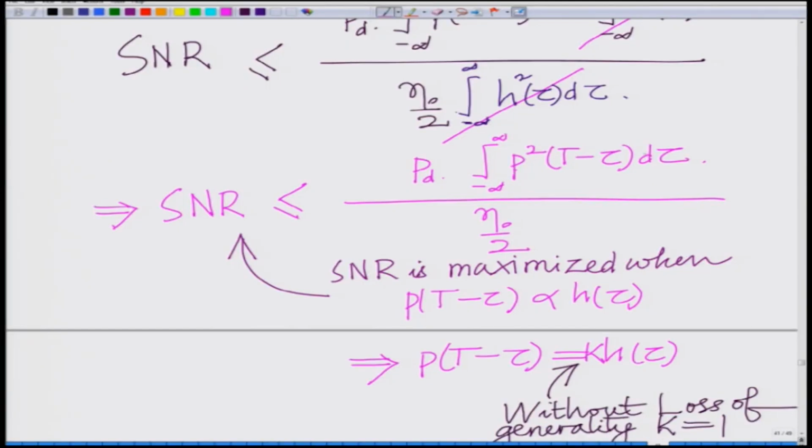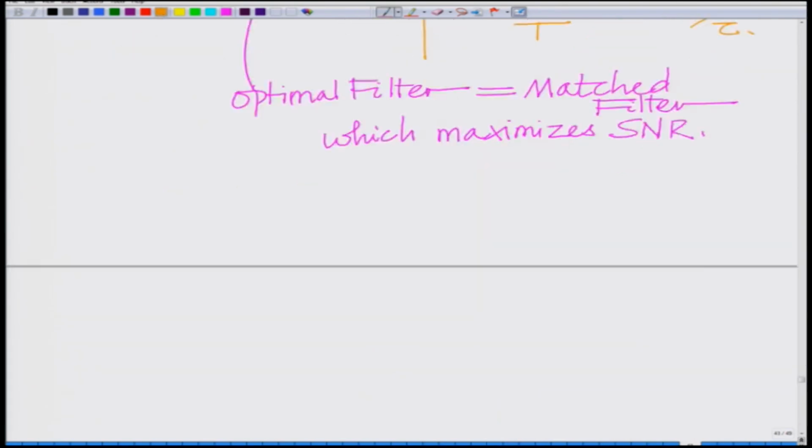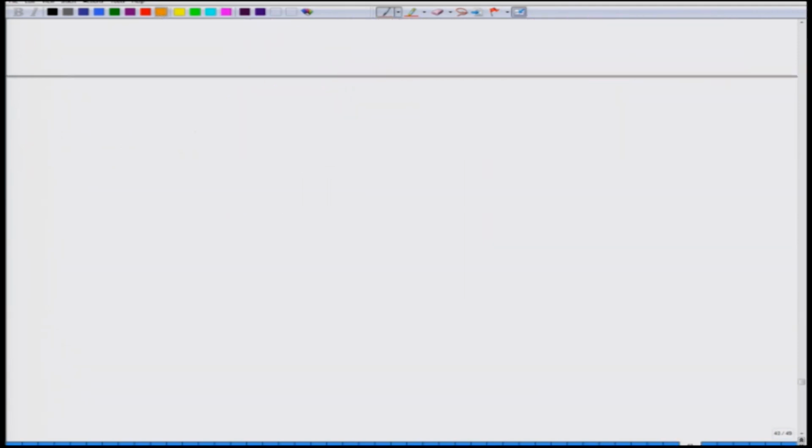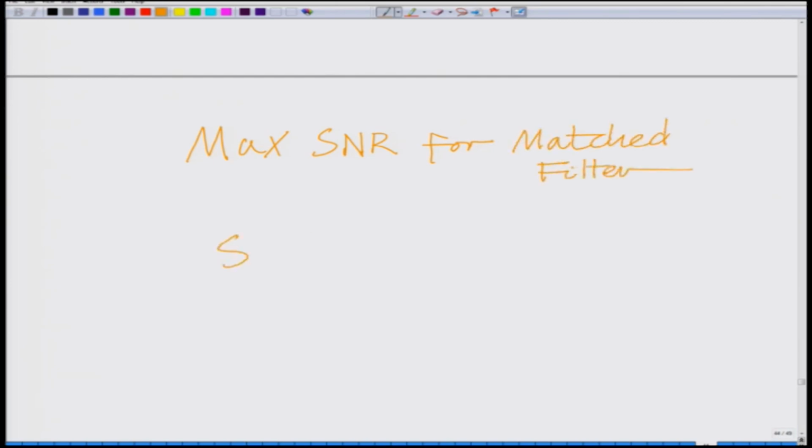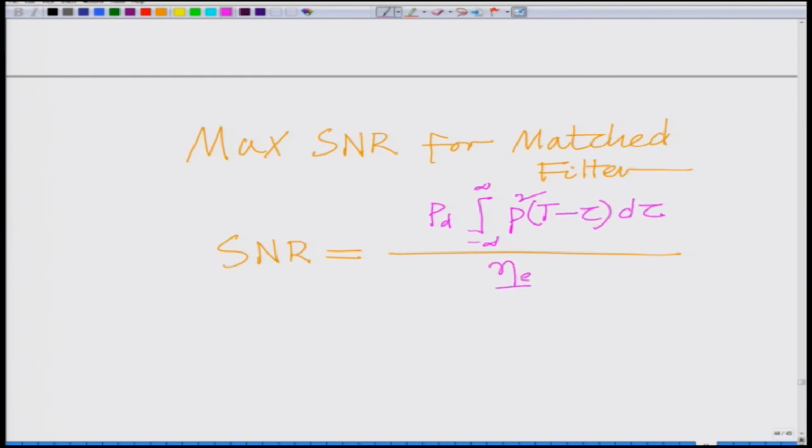So, the maximum SNR for the matched filter is SNR equals P_D times integral from minus infinity to infinity p square (T minus tau) d tau, divided by eta naught by 2.